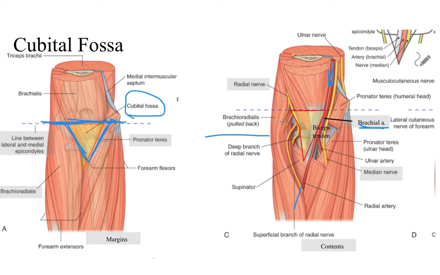Medial to the brachial artery would be the median nerve. The ulnar nerve would already be on the medial side, so it's not going to be part of the cubital fossa. And then on the lateral portion of the cubital fossa, you're going to have the radial nerve and some branches that are coming off of it.